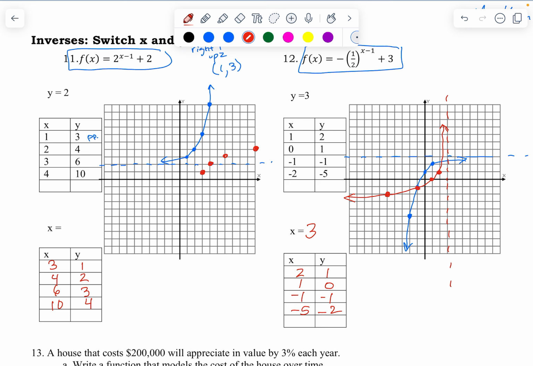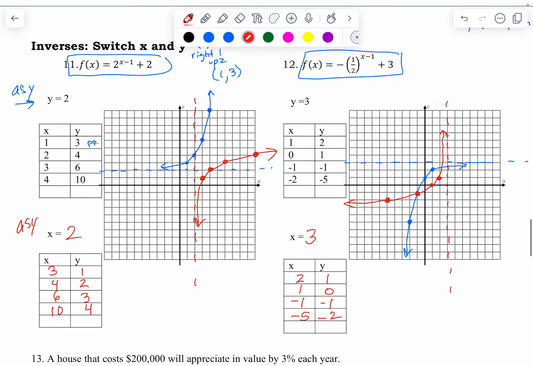A minute ago, we had the asymptote at y equals 2, and now we switch everything x and y, so we have an asymptote at x equals 2. And so this lovely function is the inverse.